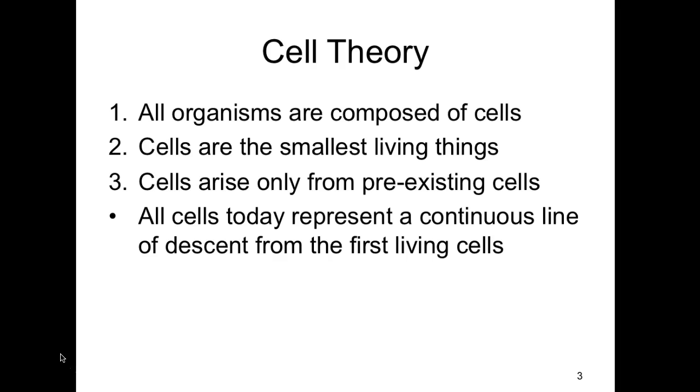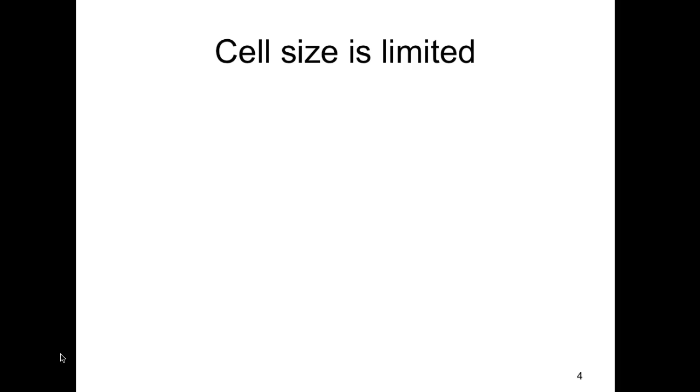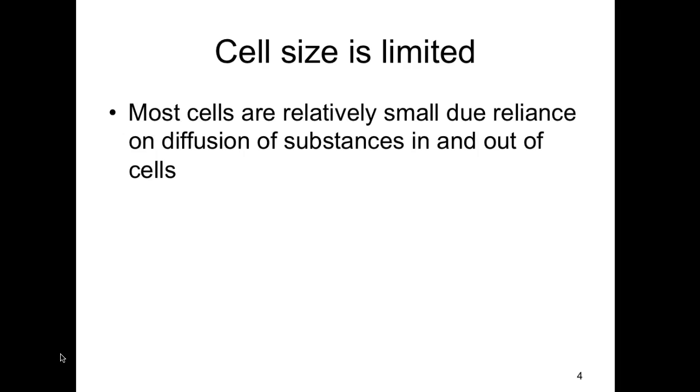So those are the three basic statements of the cell theory. All organisms are composed of cells. Cells are the smallest units of living thing, maintaining both the structure and function, and cells arise from only pre-existing cells.